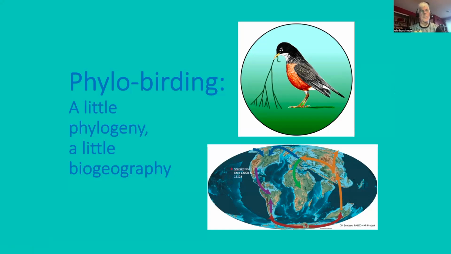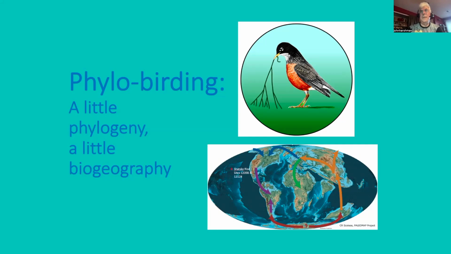Start with what is philo birding. It's just allowing phylogeny and biogeography to inform what you're seeing out on a birding trip. That picture with the robin, that robin is pulling a phylogenetic tree out of the ground.